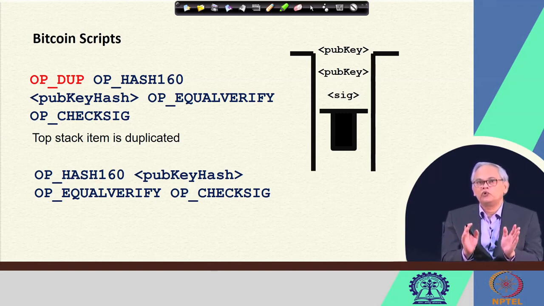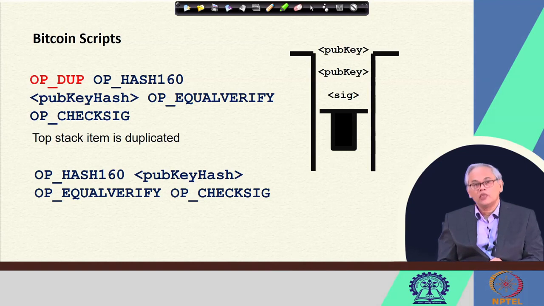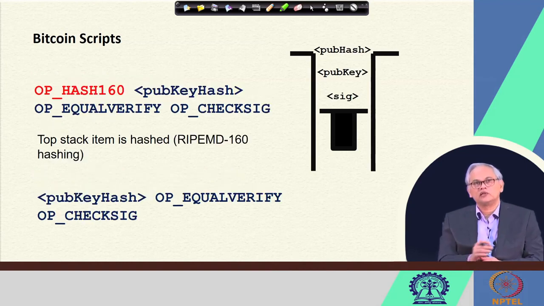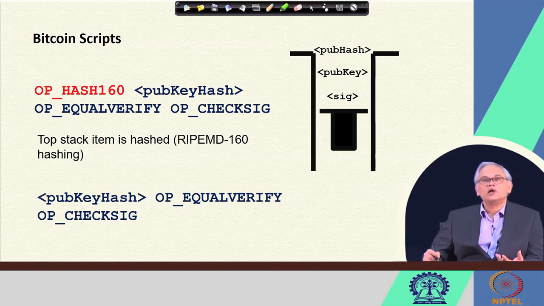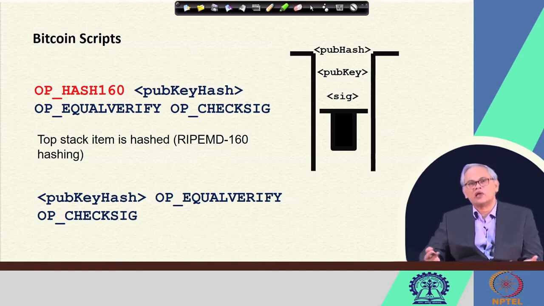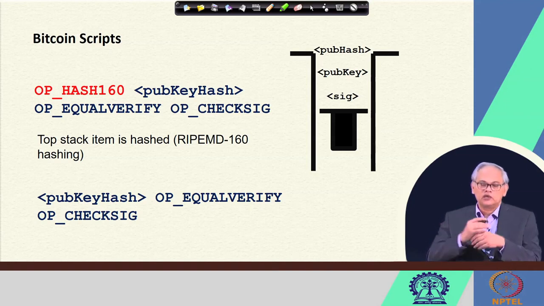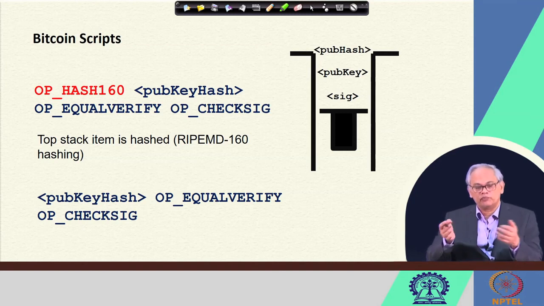So, up to OP_DUP we have completed the steps, and then the next one is OP_HASH160. What it means is that it takes the hash of the top of the stack. So, the top stack item is hashed, following a particular algorithm, and this 160 refers to the RIPEMD-160 hashing technique.